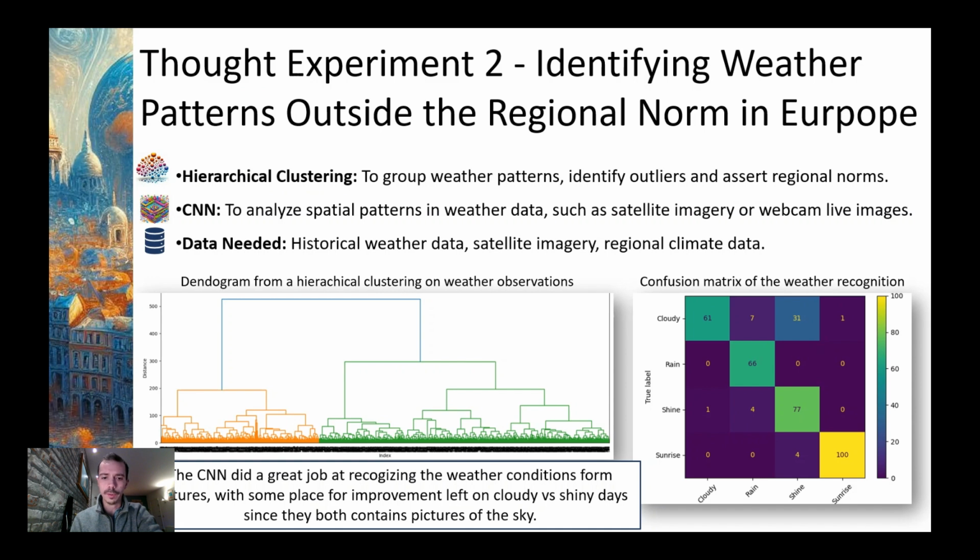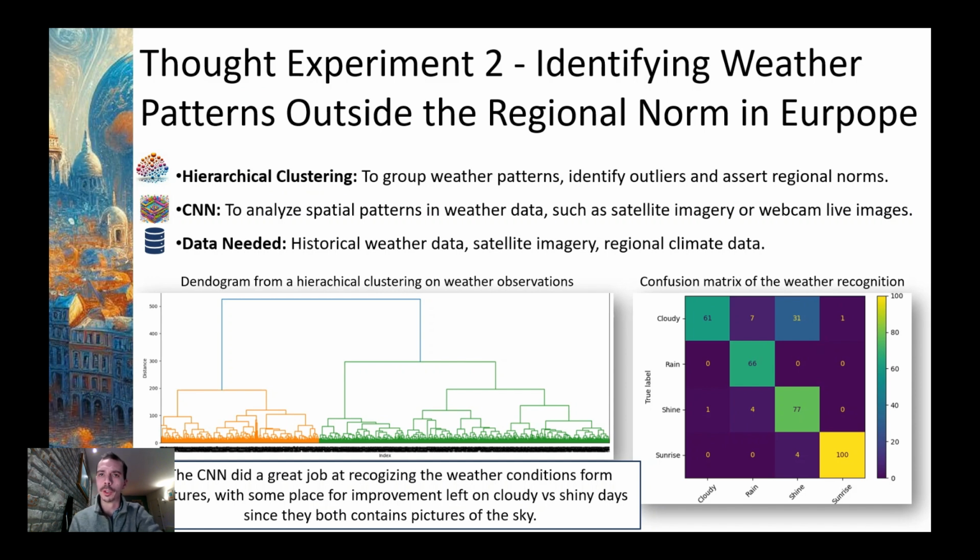As a visual, you can see the dendrogram from the hierarchical clustering, which was quite good at finding about 2 to 3 groups inside all the weather data. And the CNN was quite good also at recognizing images with the labels. So it was a good classifying and recognizing image algorithm.